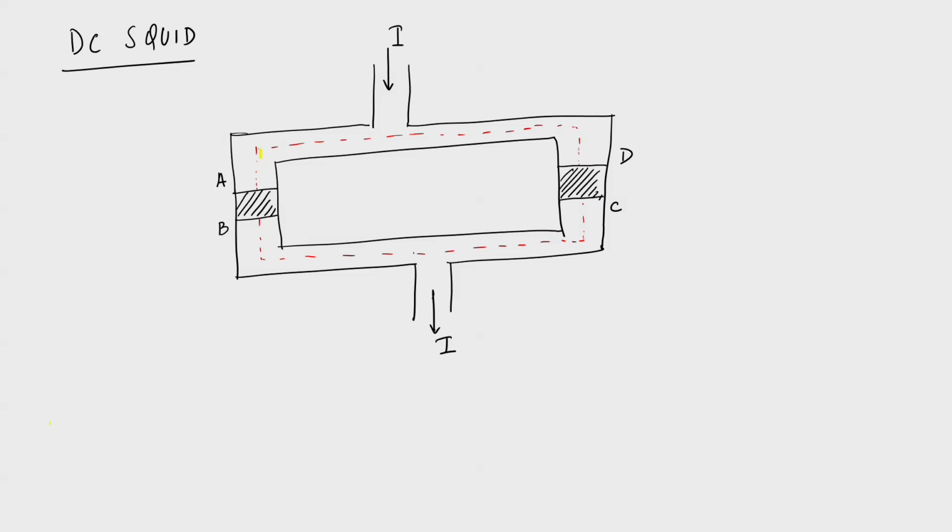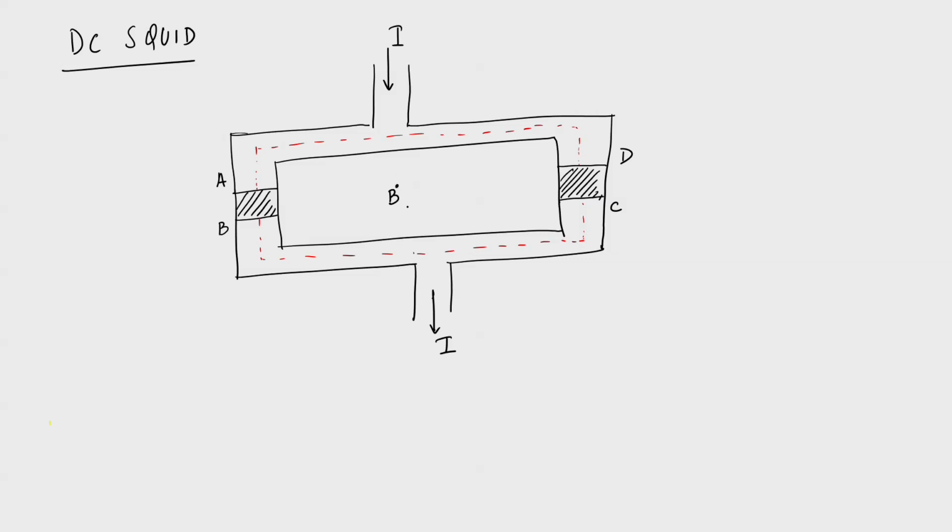These are the superconductors on both sides of the junctions, and the dotted line or the contour is drawn well inside the superconductor, and there is a magnetic field that passes through this loop.